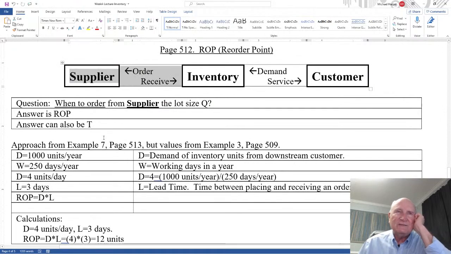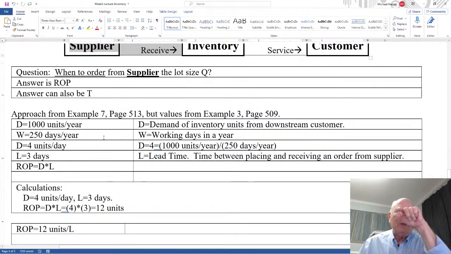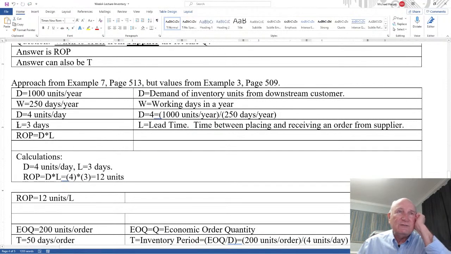If I ordered on Monday, 1 day would be Tuesday, 2 days would be Wednesday, 3 days would be Thursday, 4 days would be Friday, 5 days is the next Monday. So here, let's assume we have a 3 days lead time.